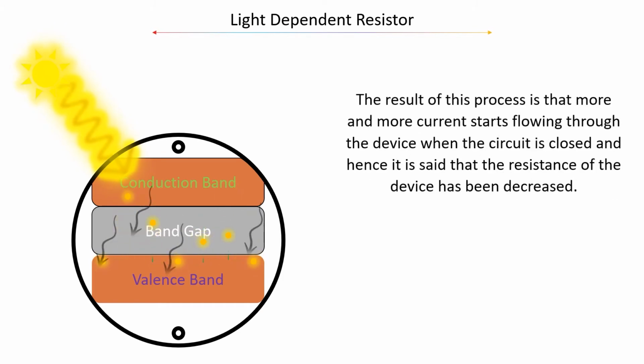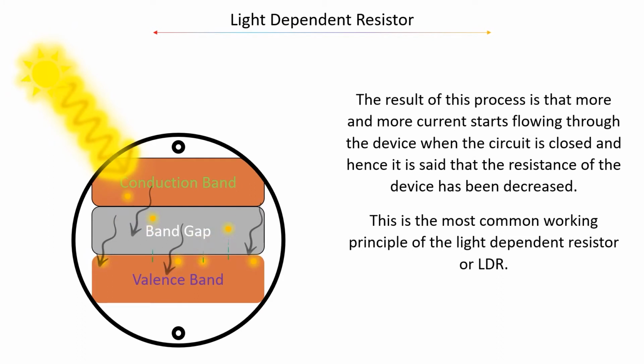The result is that more and more current flows through the device when the circuit is closed, and hence the resistance of the device is said to have decreased. This is the most common working principle of the light-dependent resistor or the LDR.